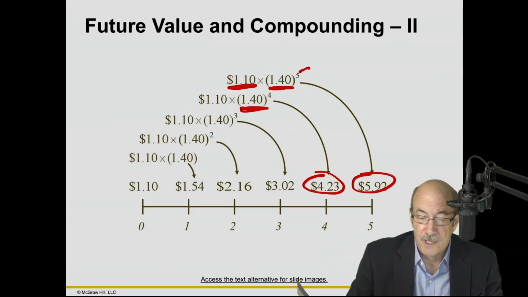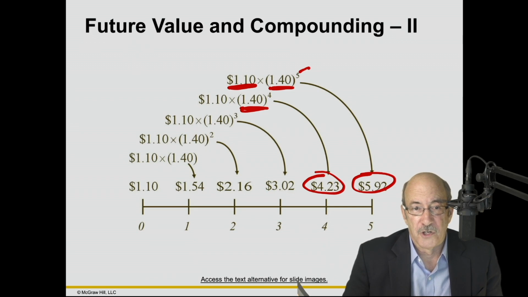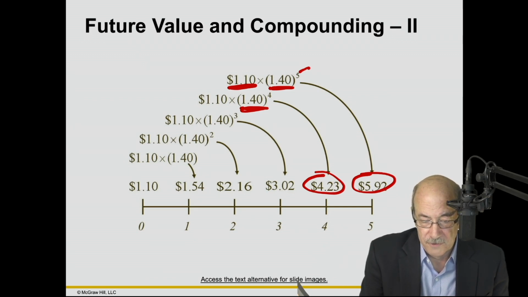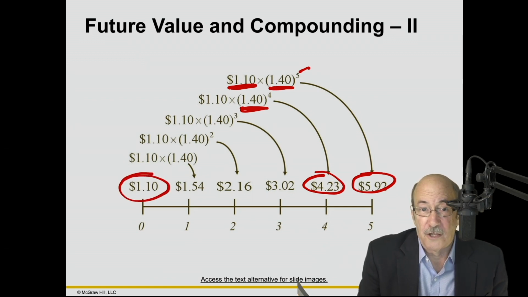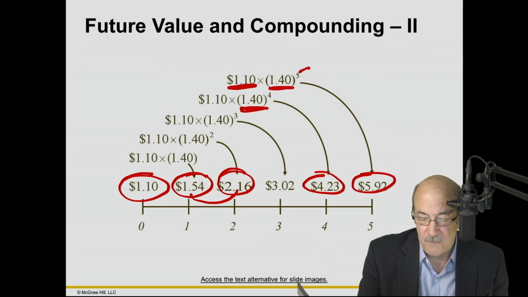All right. Now, another thing to look at, they just show you a slightly different version of this. They show you all the dividends. So starting at $1.10 and then increasing by 40% becomes $1.54. If we increase that $1.54 by 40%, we get our $2.16. If we increase that $2.16 by 40%, we get $3.02.